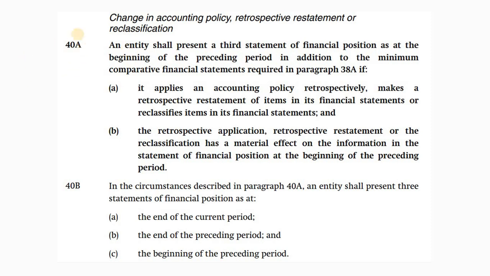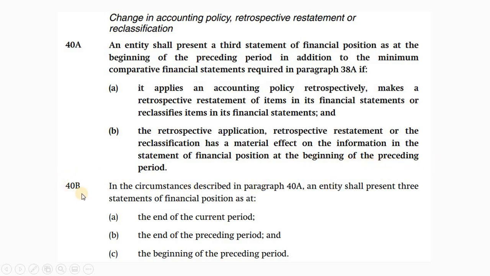So it states here that an entity shall present a third statement of financial position as at the beginning of the preceding period in addition to the minimum comparative financial statements required in paragraph 38A, if it applies an accounting policy retrospectively, makes a retrospective restatement of items in its financial statements, or reclassifies items in its financial statements, and the retrospective application, retrospective restatement, or the reclassification has a material effect on the information in the statement of financial position at the beginning of the preceding period.